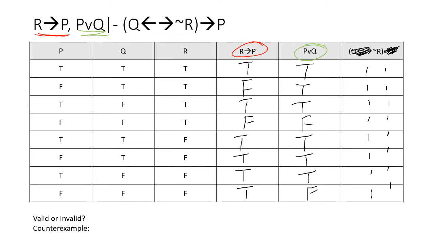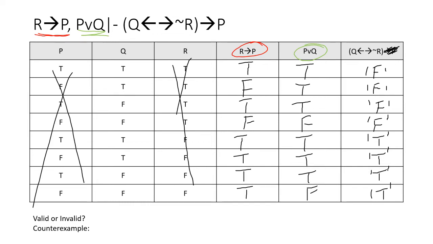So just reversing the values here on R. And then we'll bring back in the double arrow, looking for where the Q and those values of tilde R are matching. They match in those two and these two, so those will be true.